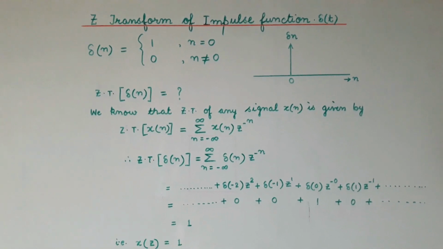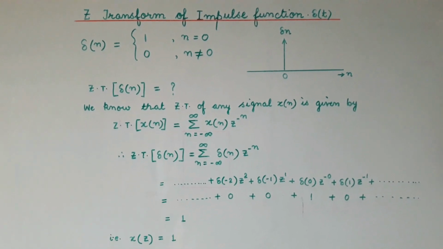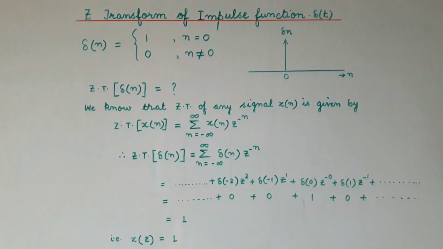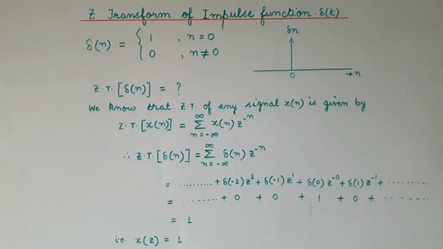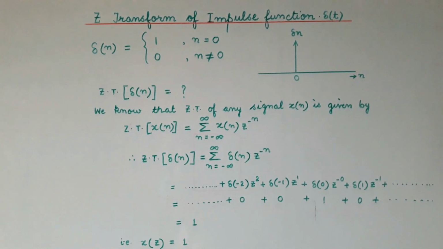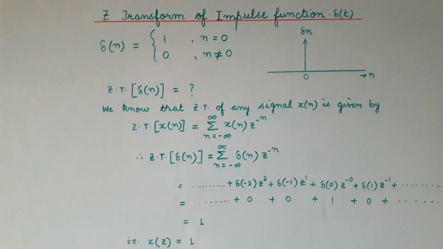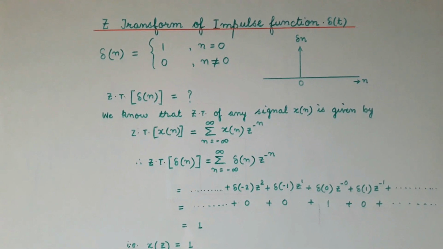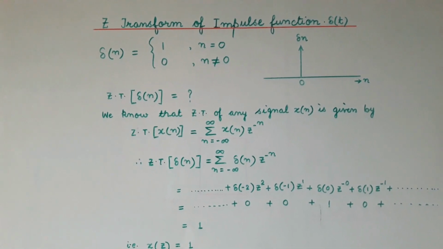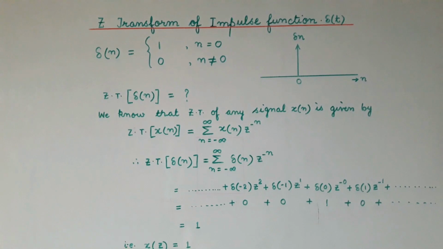That is, the Laplace transform of the impulse function delta t is also equal to 1. The Fourier transform of the impulse function delta t is also equal to 1. The discrete Fourier transform of delta of n is also equal to 1, and the Z transform of the impulse function delta n is always equal to 1.